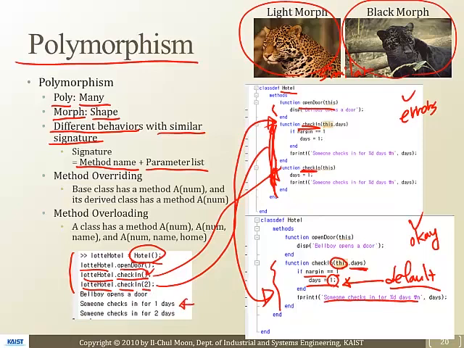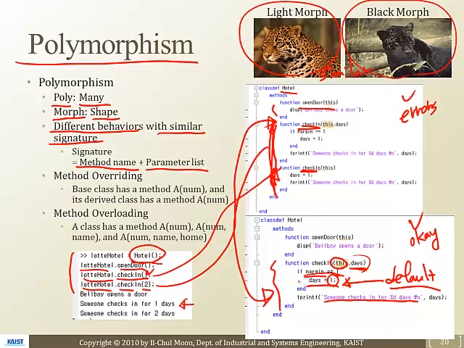If 2 was inserted, then the number of arguments in becomes 2. Then this if statement becomes false, it goes to the end, and days is already here, so it just says someone checks in for 2 days. Okay?